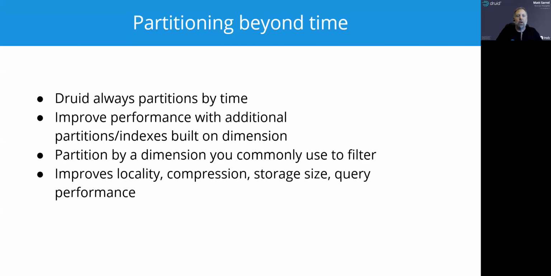Now, Druid always partitions by time. One thing I discovered was that by adding a secondary index on a dimension that you commonly use to filter, you can make a huge difference in performance.